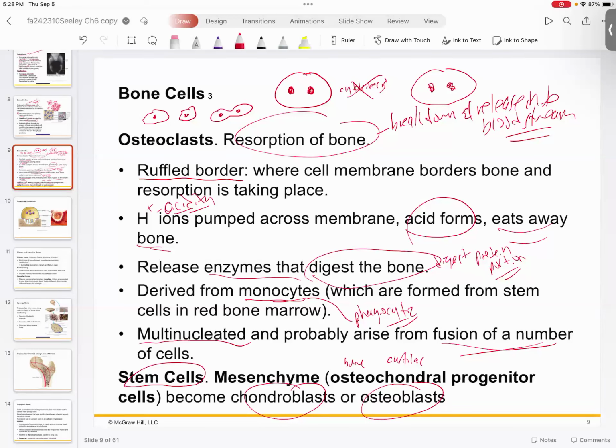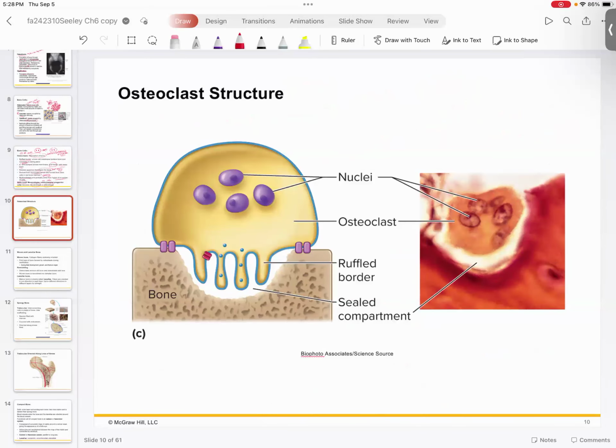This is like the patriarch, if you will, the ancestor of the chondroblast and the osteoblast. So all of the cartilaginous cells come from the osteochondral progenitor cells, and all of the bone cells come from the osteochondral progenitor stem cells, with the exception of the osteoclast.